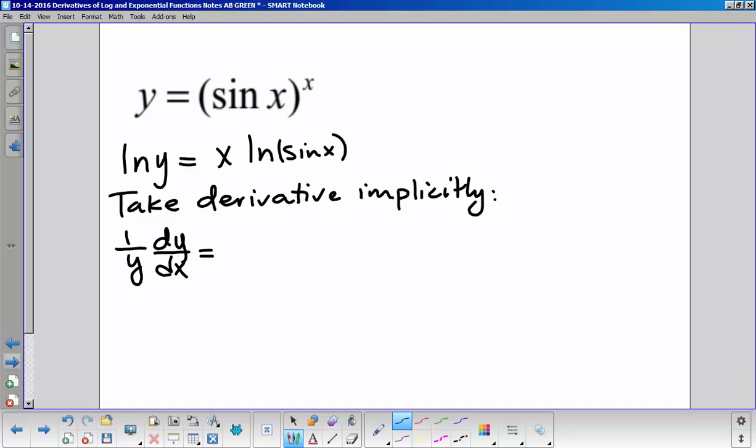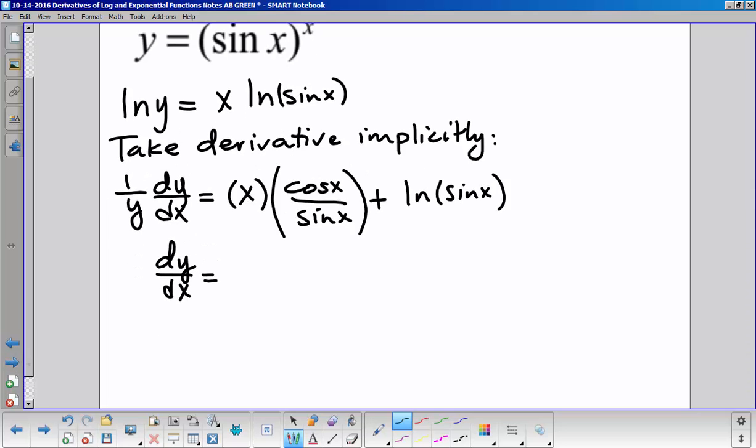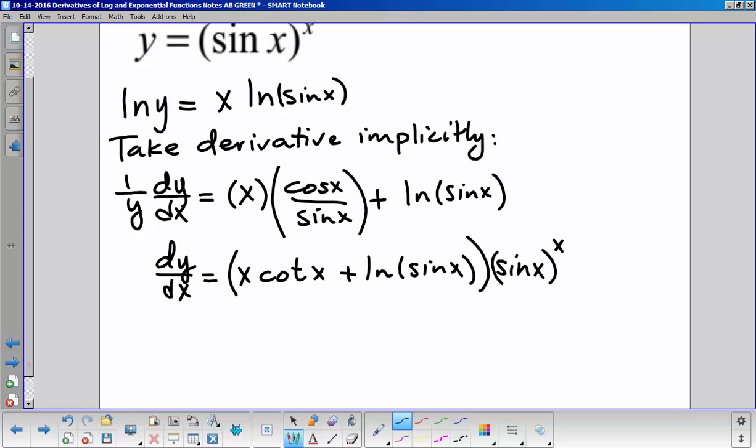Okay, so equals x times cosine x over sine x plus natural log of sine x times 1. So you get x cotangent x plus natural log of sine x, all times sine x to the x. And remembering that this is y, that's how you multiply both sides.